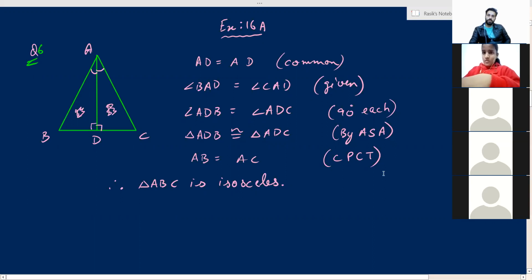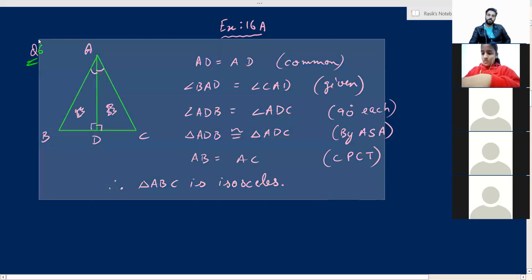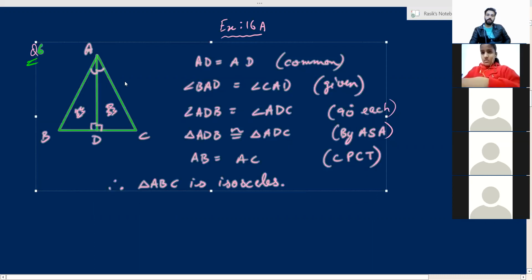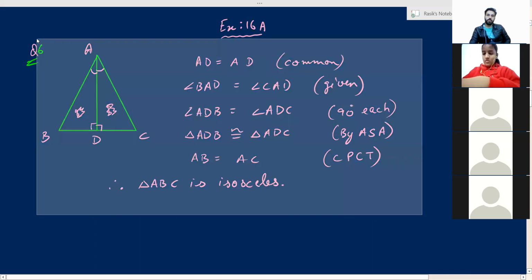Can we start with the next question? These questions may be very small. When you're doing these questions in your copy, you may find that these questions are very small, so solve in your notebook. The solution is very simple, very small. But let me tell you, you have to use brain for these questions. They are good questions.